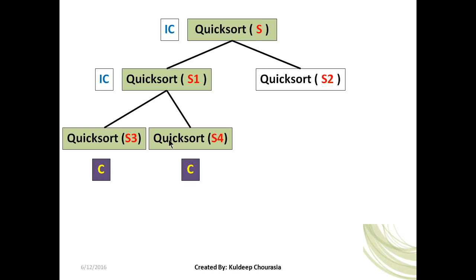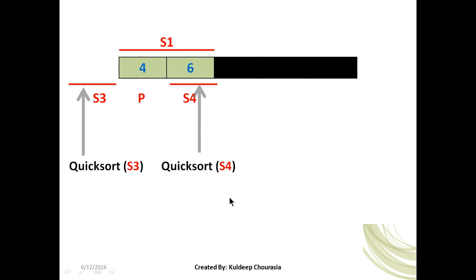So I have completed the task Quicksort S4. So I return to the parent task. I have completed the tasks Quicksort S3 and Quicksort S4, and my array S1 is now sorted.